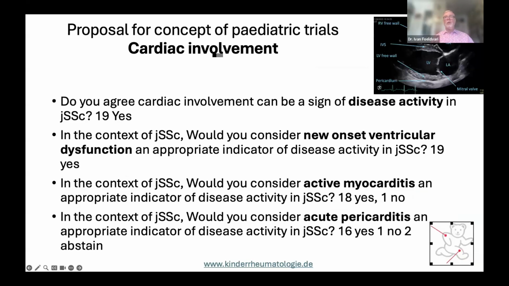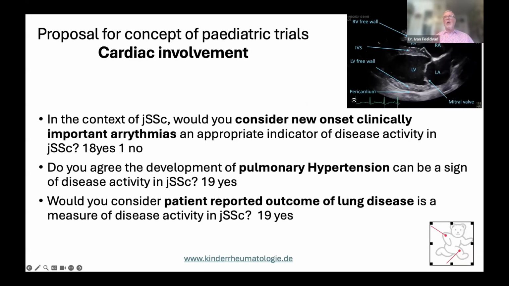So what we agreed on is that cardiac involvement is a sign of disease activity. If you have a new onset ventricular dysfunction, that is clearly activity. If you have active inflammation of the myocardium, so the muscle of the heart, that is activity. And if you have inflammation of the coating of the heart, that's activity too.